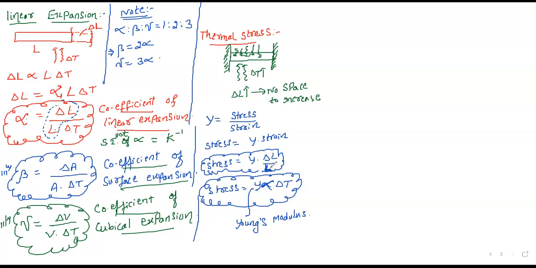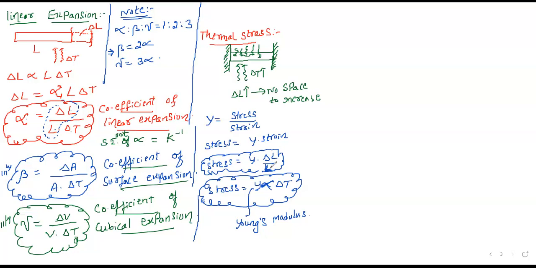Students, please be very careful. They may ask this question to explain the concept of the thermal stress. So in order to explain the thermal stress, what concept do you have to put here? You have to consider one metallic rod. Both the ends of the metallic rod should be rigidly fixed. For the rigidly fixed rod, if you increase the temperature, what happens?